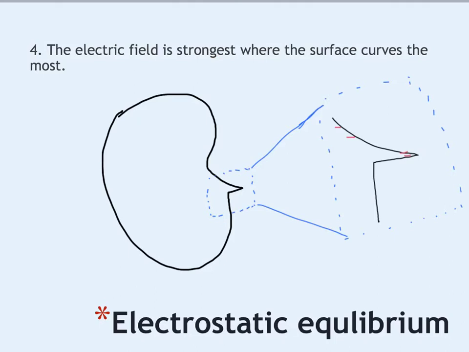If I have these two charges here, they're trying to spread out and get away from each other. So they're giving a force on each other, so the force is going to be in this direction and this direction. That's why they're going to spread out. But when we get down here, the direction between them is in this direction. So the force on this one is going to be going this way, and the force on that one is going to be that way.